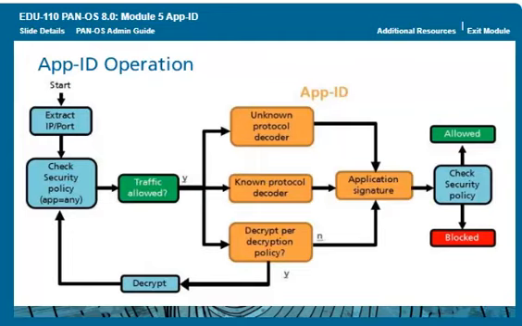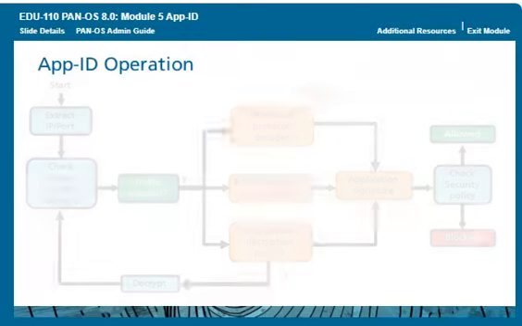For example, this type of detection is required for applications that use proprietary end-to-end encryption, such as Skype and encrypted BitTorrent. Known protocol decoders: a set of application decoders that understand the syntax and commands of common applications. And protocol decryption: SSL and SSH decryption capabilities.